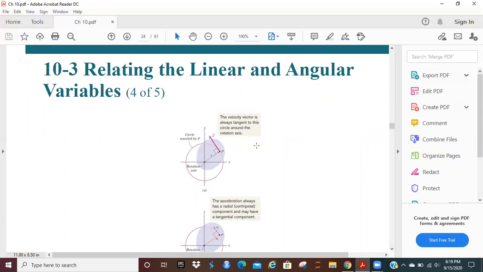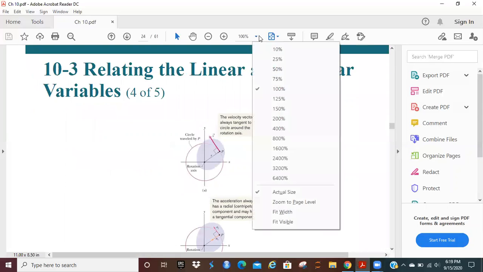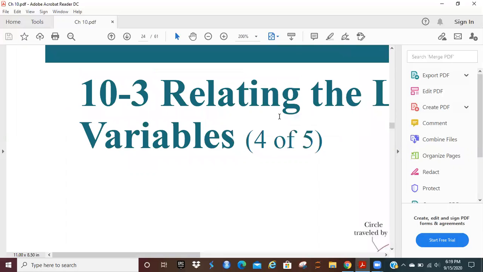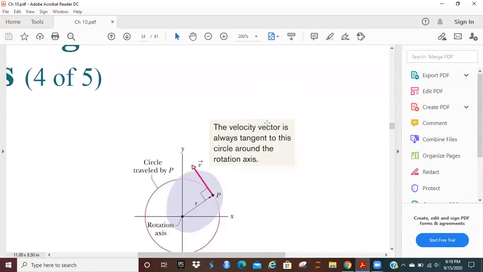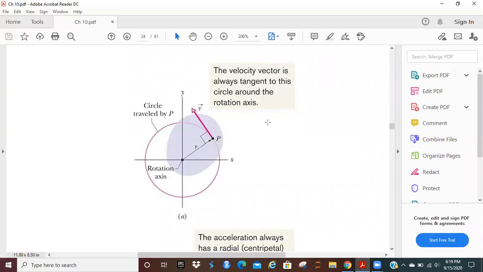So let's focus on this a bit. Okay, so you've got a circle that is traveled by the point P. You've got the rotation axis, you've got r that extends out this way, and then you've got the velocity off this way.